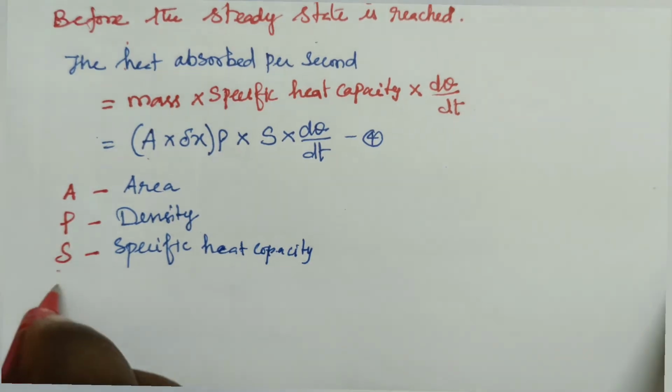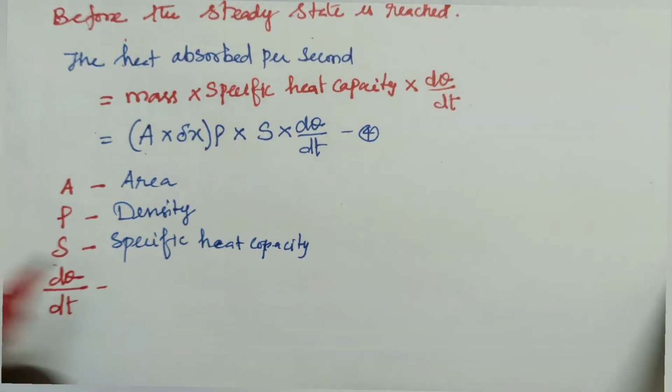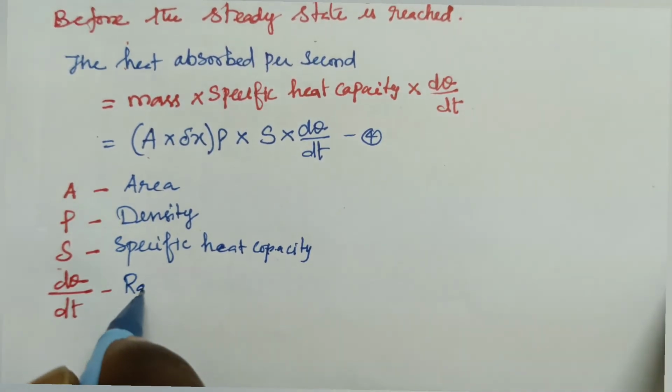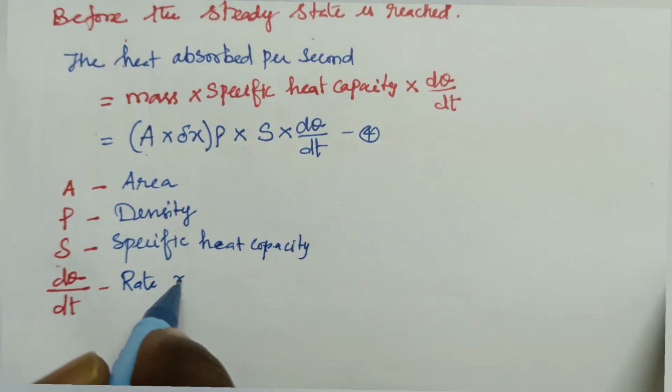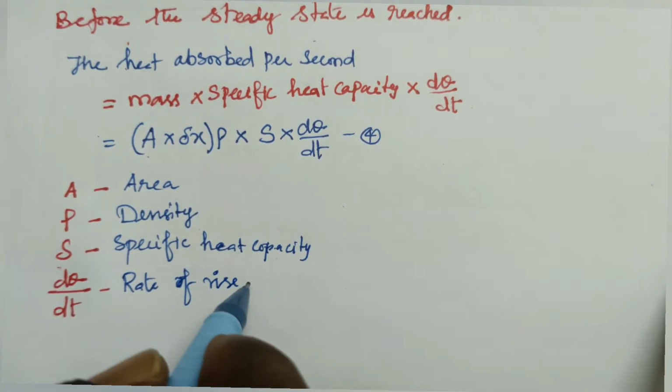What is the d theta by dt? Rate of change of temperature. That is rate of rise of the temperature.